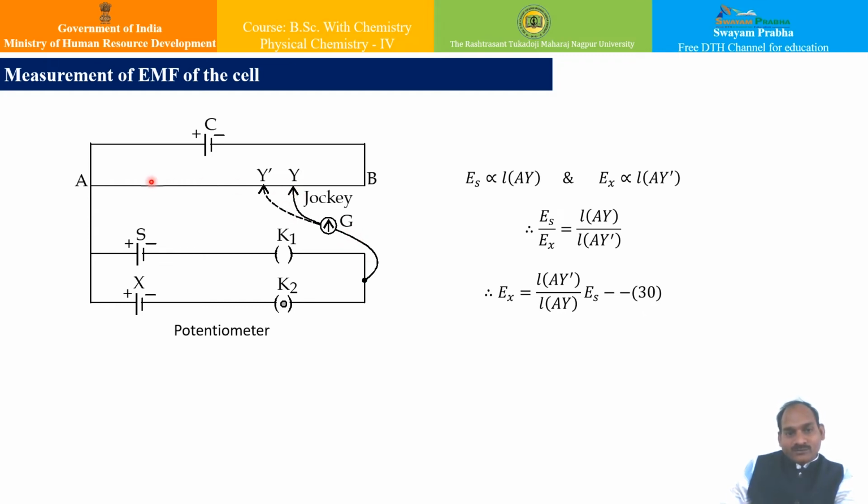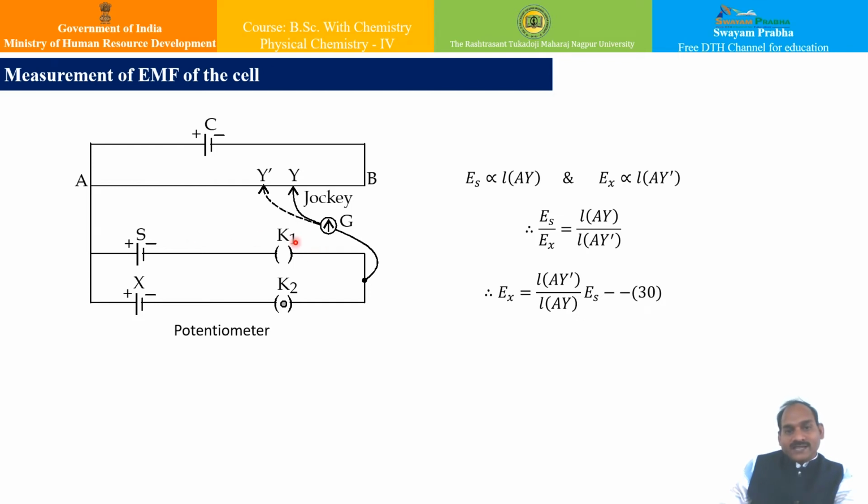Now we move this jockey along the wire, and we can locate the point of null deflection, which will be detected by the galvanometer. The point where we get the null deflection is the end point. Let the point Y be the null point in the case of the standard cell.